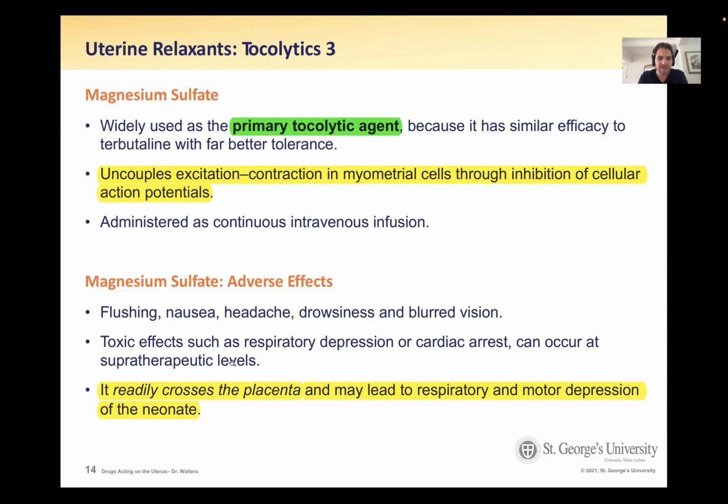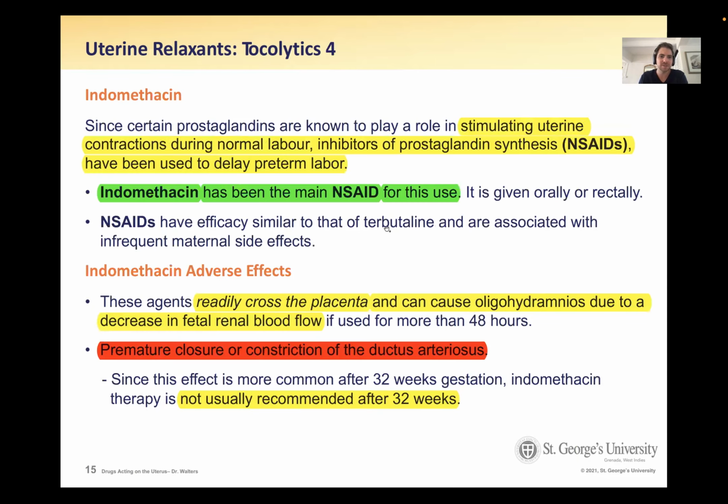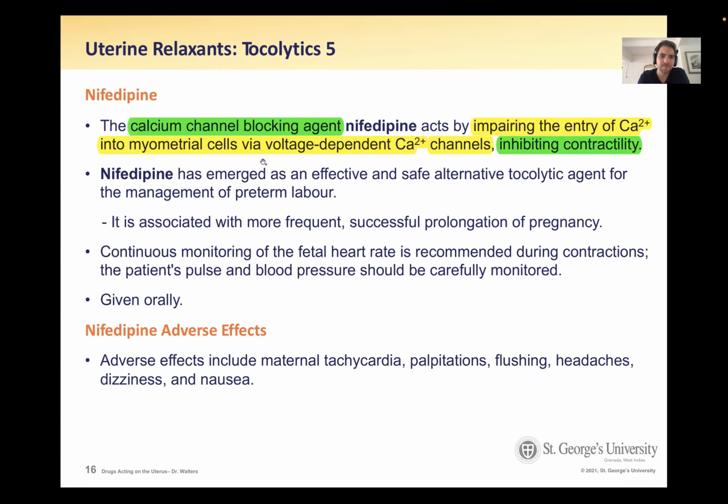Anyway, magnesium sulfate can cross the placenta and lead to respiratory and motor depression, so use cautiously. Like we said, indomethacin is the main NSAID, to stop prostaglandin synthesis. So again, it's a tocolytic. And of course, prostaglandins will keep the ductus arteriosus open, so if you give indomethacin, it will close it. You may need to keep it open if there's some sort of shunt, to keep the baby alive until they can have surgery.